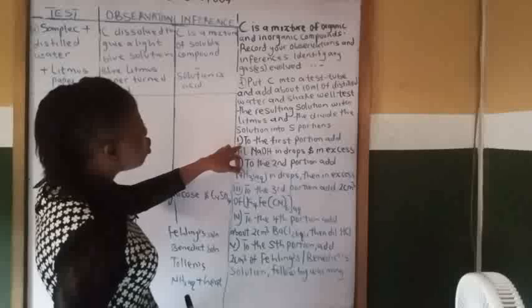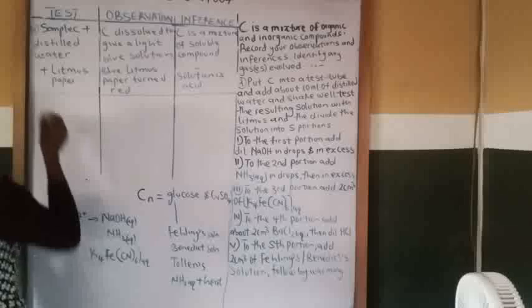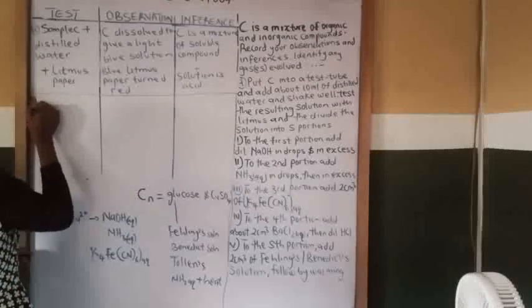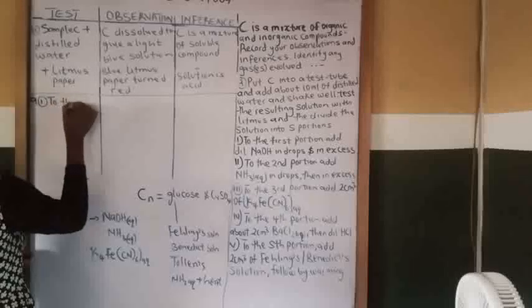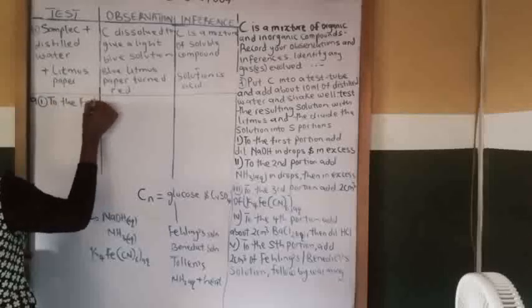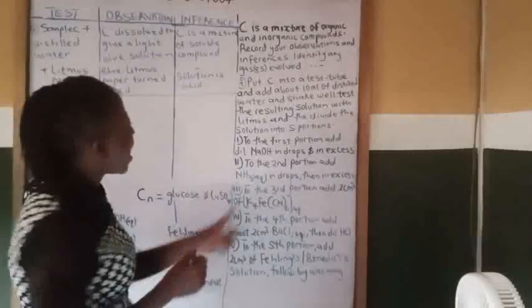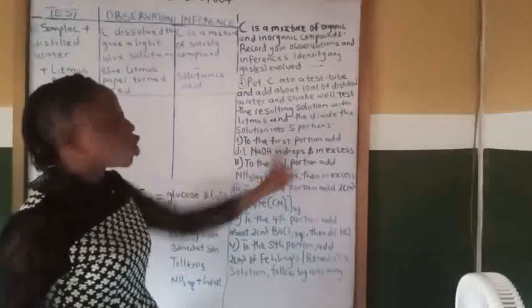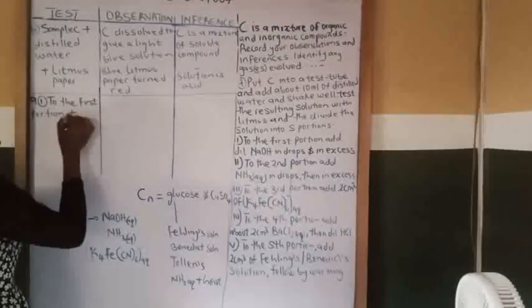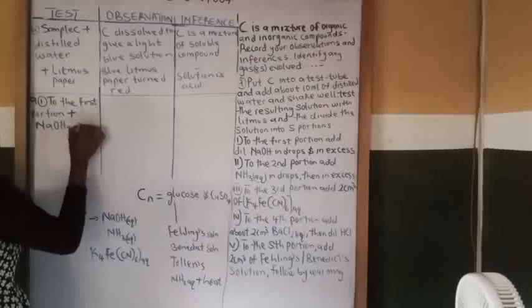Now let's move to Roman figure 1, to the first portion. To the first portion, add dilute sodium hydroxide in drops. Then you are going to write plus NaOH aqueous in drops.